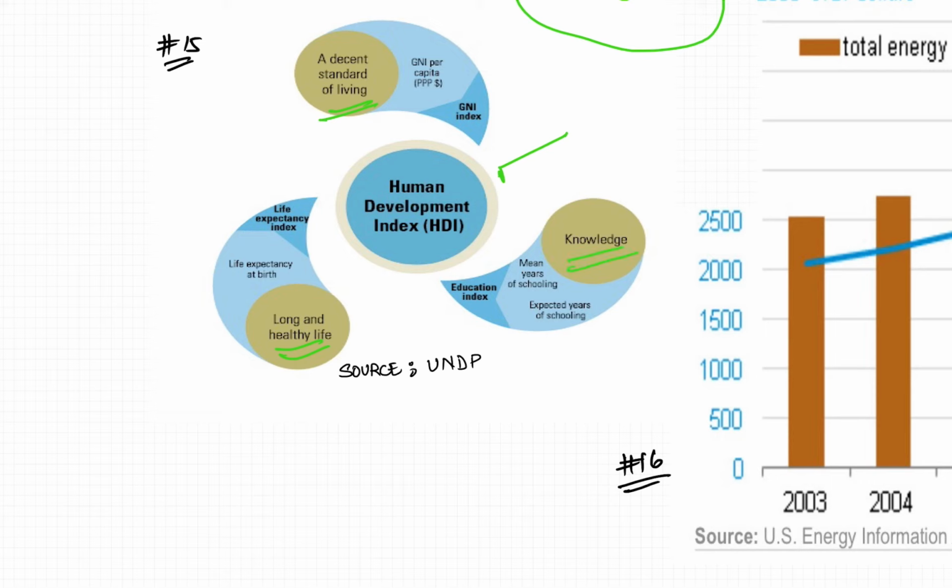If in any given country these three parameters are increasing, it means the Human Development Index is growing. In simple words, in general parlance, we talk about standard of living.